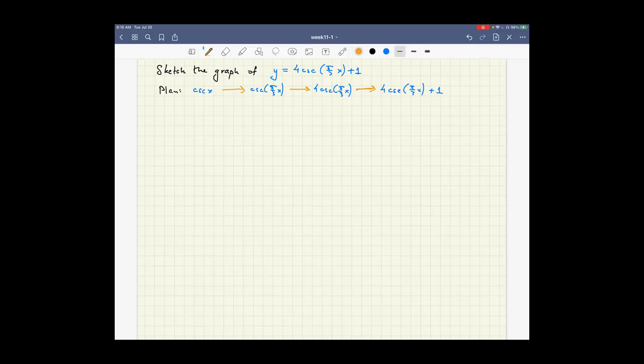And let's discuss what transformations we will need to make. How do we get from cosecant to cosecant of pi over 3x? We perform a horizontal compression or stretch. Because pi over 3 is more than 1, there will be a compression with a factor of pi over 3.